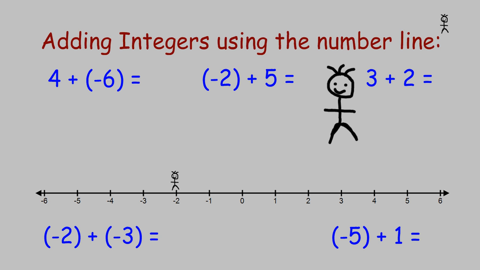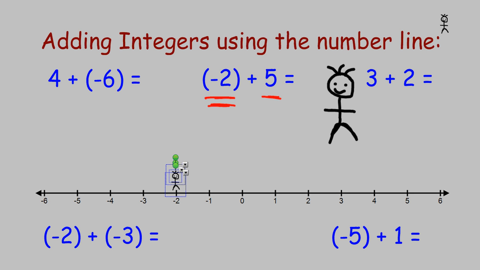Let's try another one. See if you can recognize any type of pattern while we're doing some of these problems. Next we have negative 2 plus 5. So the first number here tells us to go backwards 2. 1, 2.